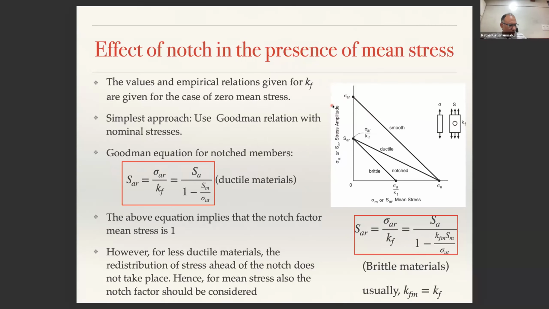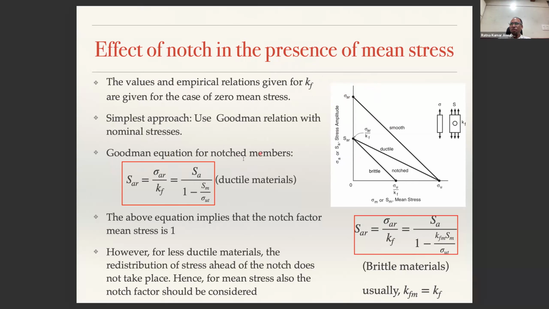So just now we have seen the effect of a notch, but we have not taken the mean stress into account. If you take the notch into account in the presence of mean stress, the values in empirical relations given for KF are usually given for the case of zero mean stress. The simplest approach is the Goodman relation with nominal stresses.